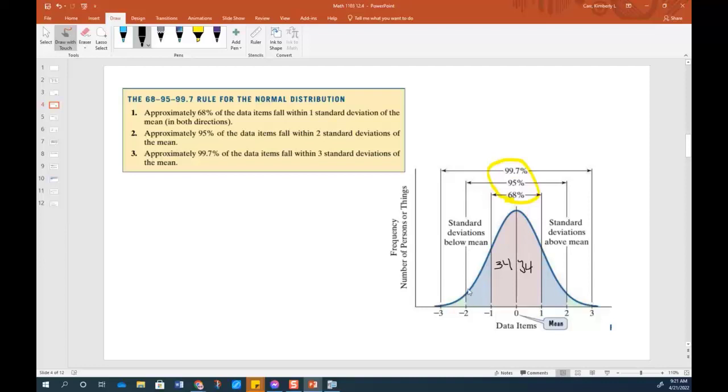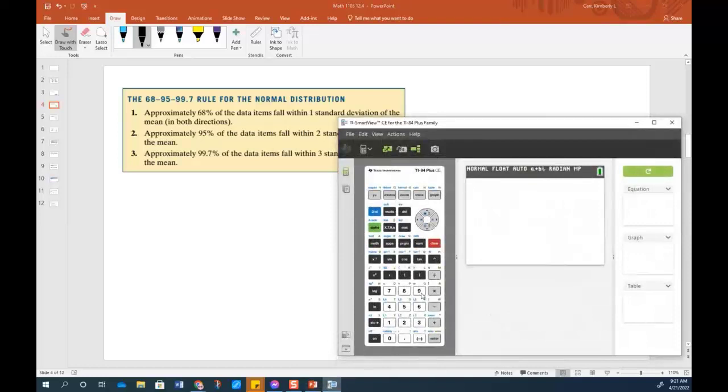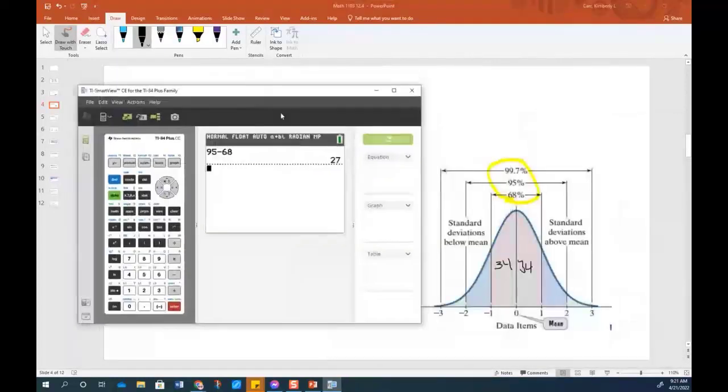If 95 goes from here at -2 to over here to 2, and I take this 68 out of the middle, I can say, well, 95% minus the 68% in the middle will give me 27% for the total in the blue region right here. And I can divide that by 2 and find out that each of these blue regions then has approximately 13.5%.